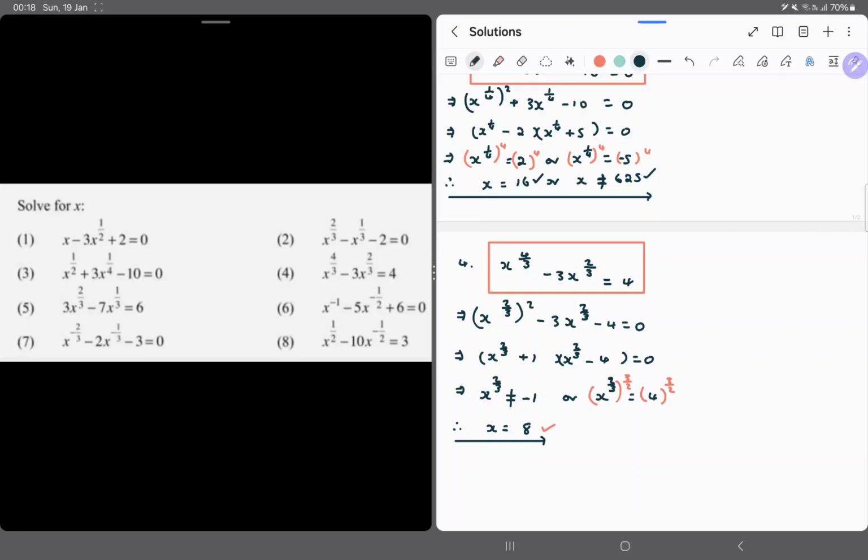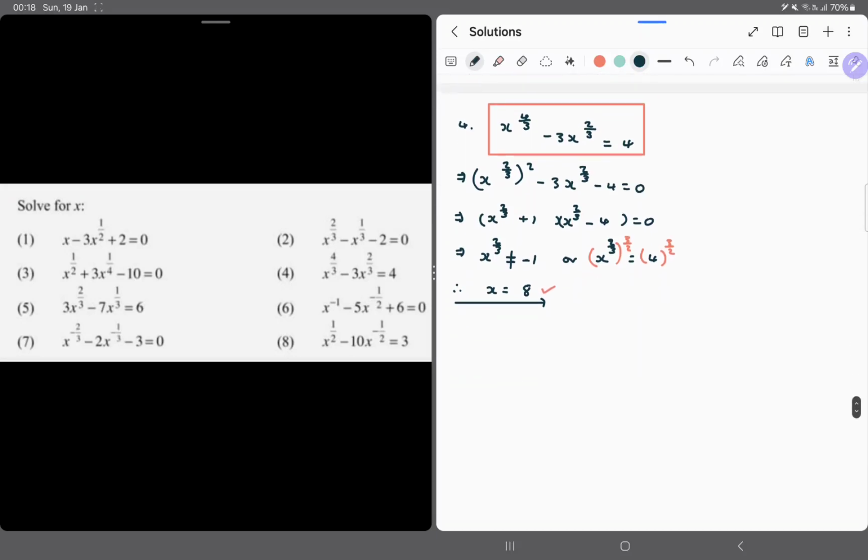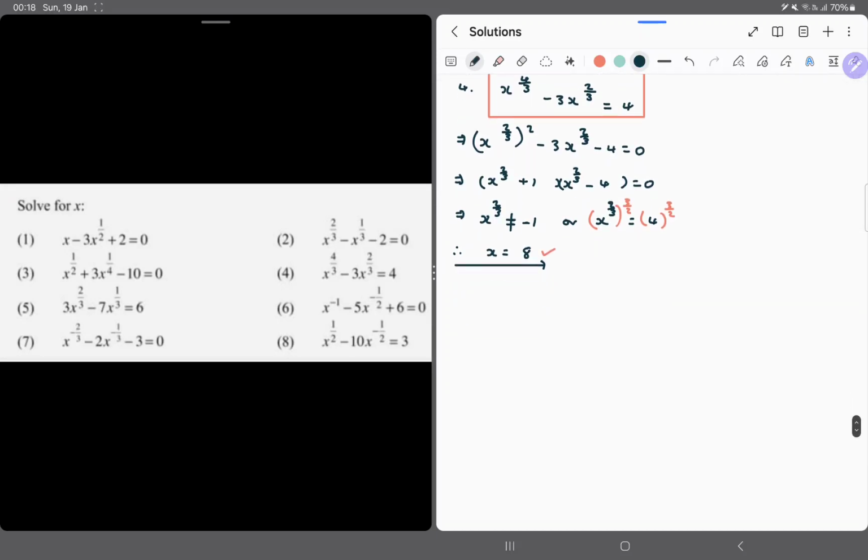Okay. So I'm sure you guys are getting the hang of it now. Okay, let's do some more. So we have 5. We have 3x to the 2 over 3 minus 7x to a third equals 6. So we need to write this in standard form. This is 3 to the x. This is the smallest power there.